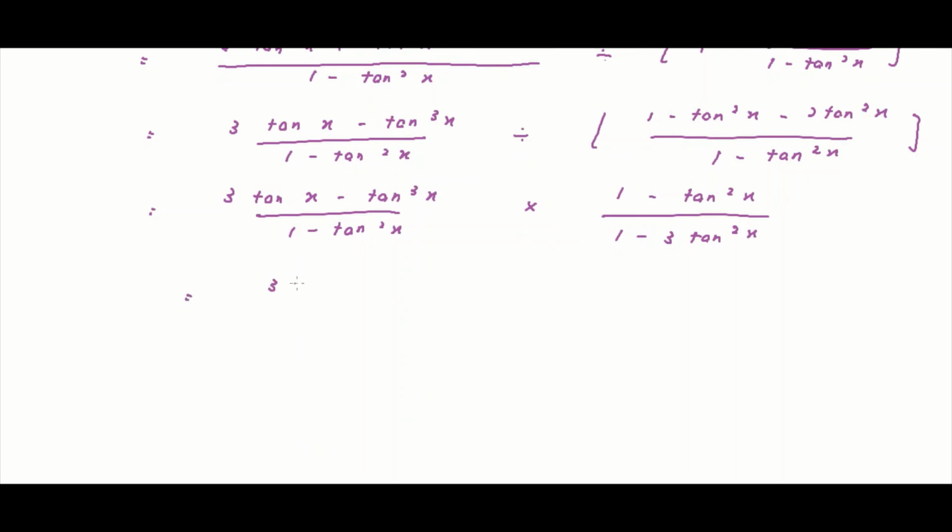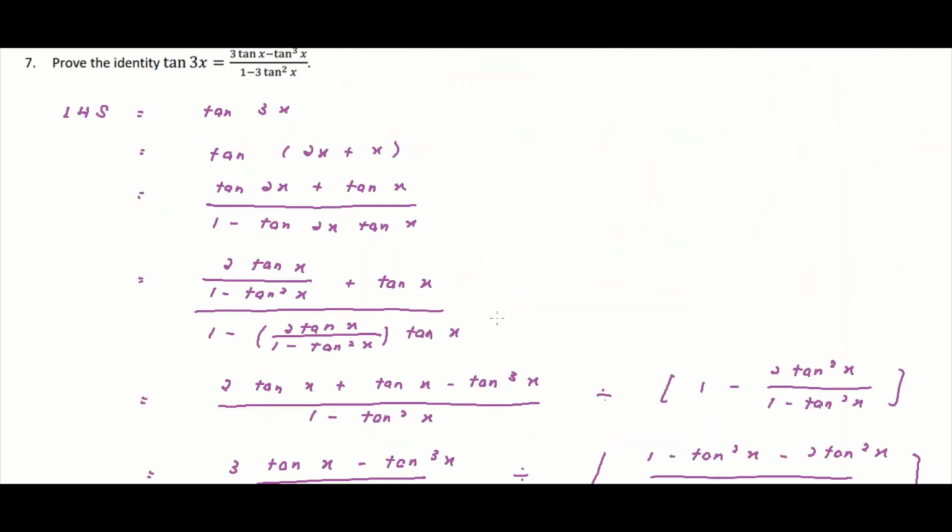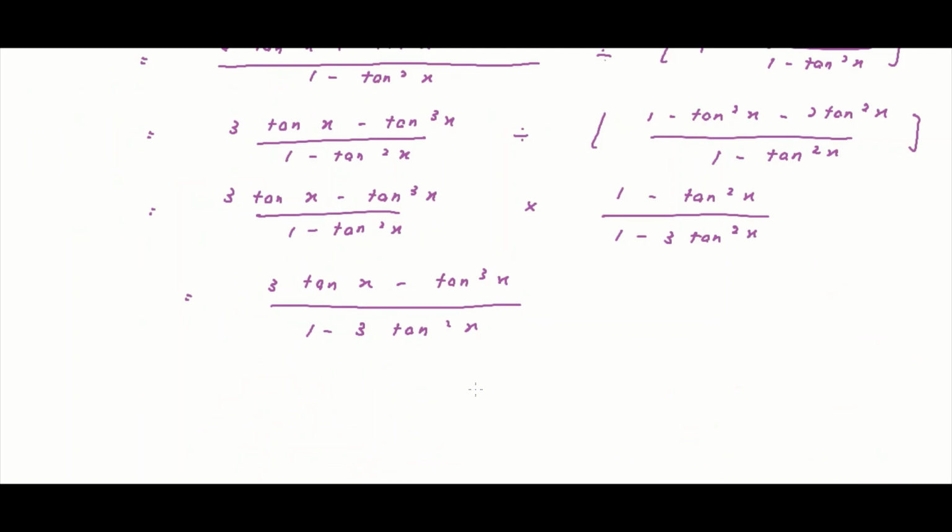So you are left with 3 tangent x minus tangent cube x divide by 1 minus 3 tangent square x. I think this is the thing that we need to prove. Yeah, correct. So you get exactly the same thing. So this one is equal to your right hand side. So proven.